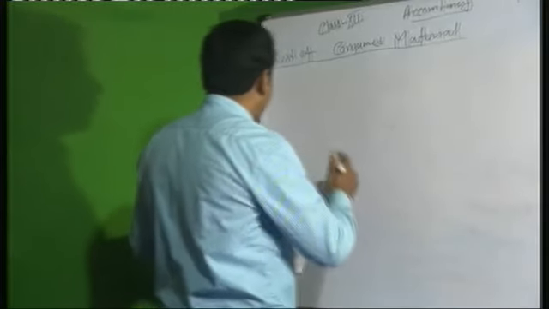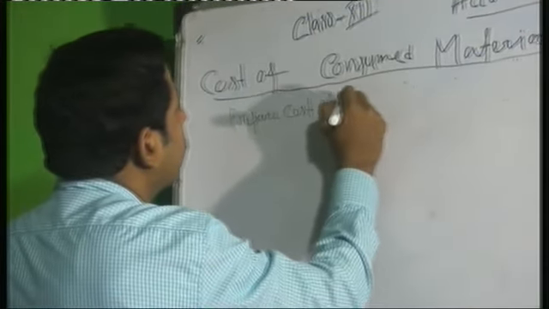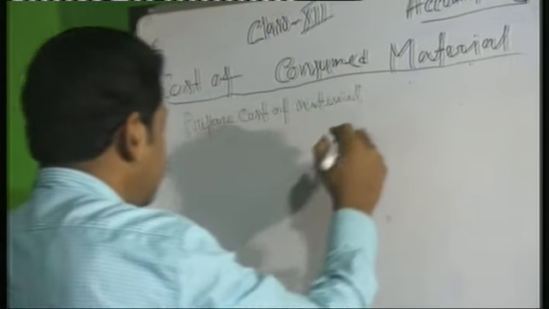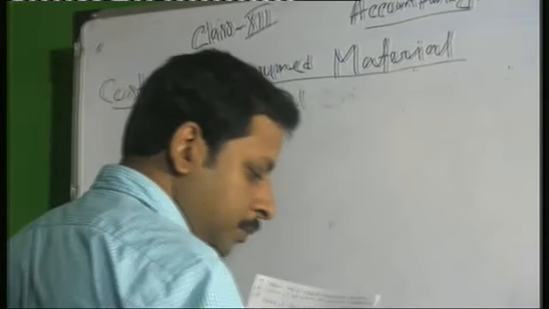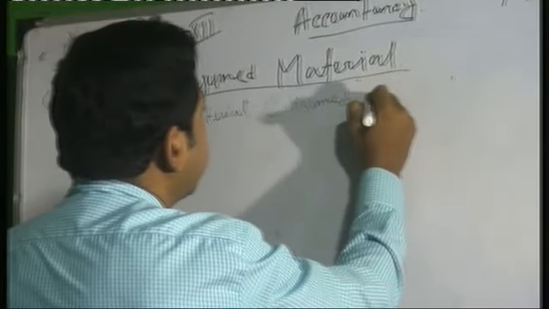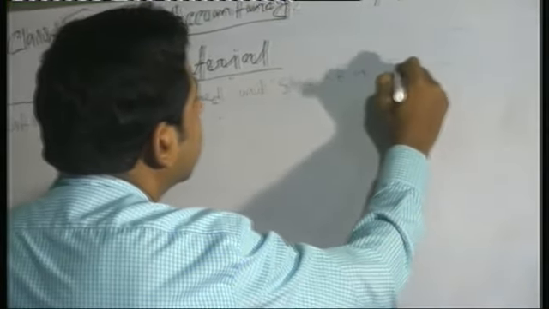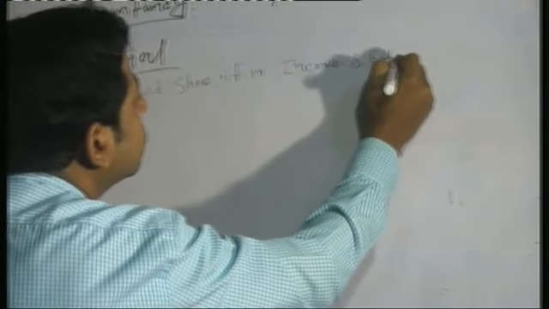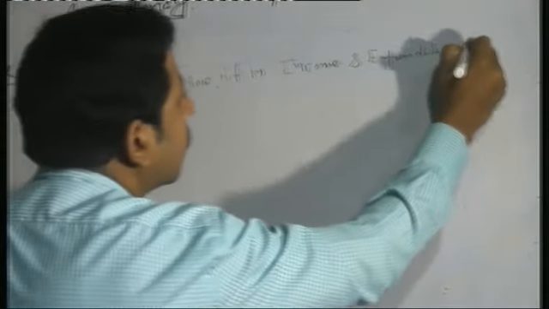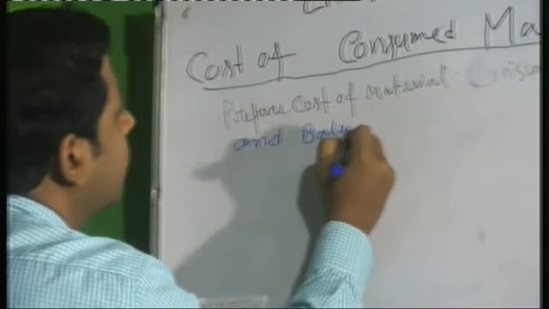Now write down: prepare cost of material consumed and show it in the income and expenditure account and balance sheet also.